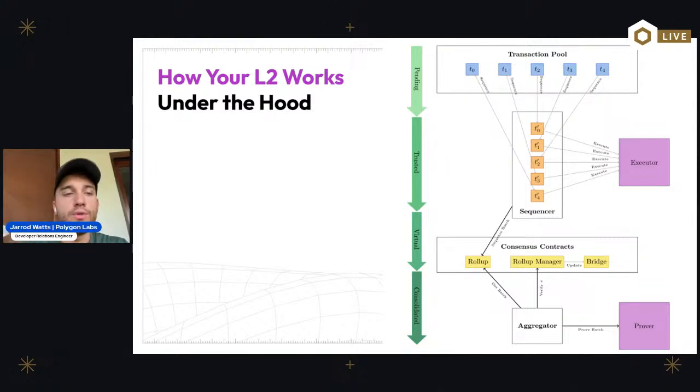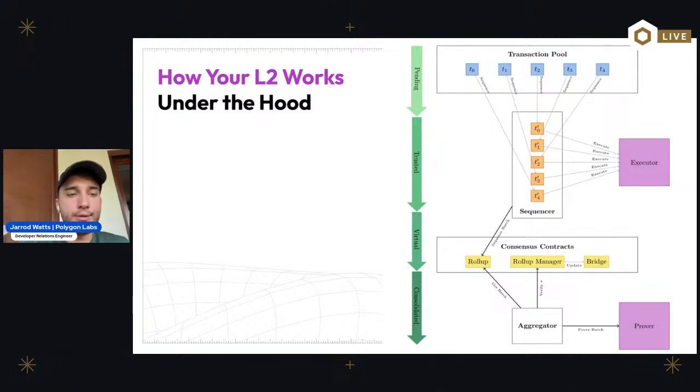The two crucial roles it plays are that it executes all of the transactions received from the layer 2, and it also sends all of the transaction data down to typically Ethereum in a roll-up situation, or to whatever data availability solution you're using, depending on if you customize that or not.